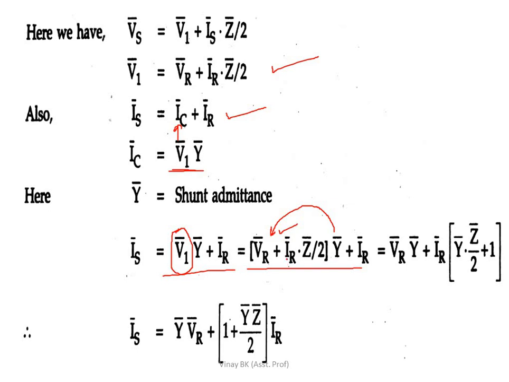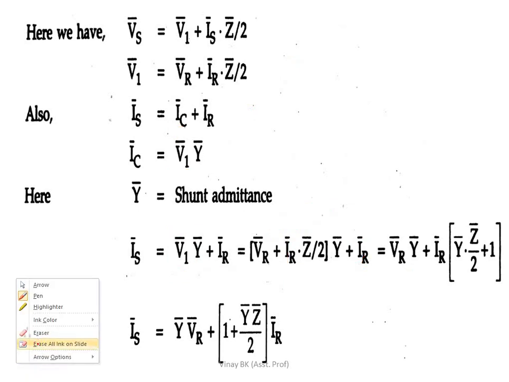Here, taking IR as common, we get VR into Y plus IR into 1 plus YZ by 2.